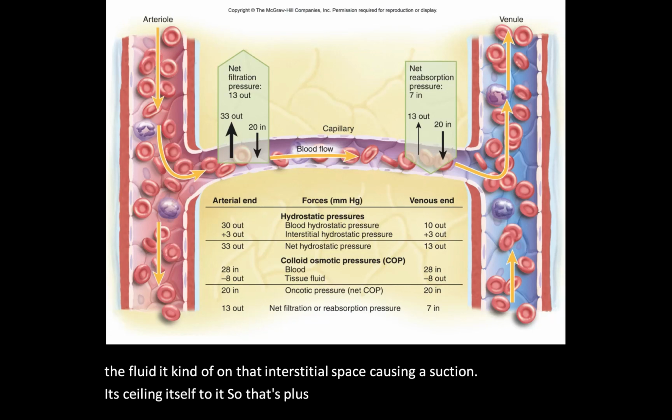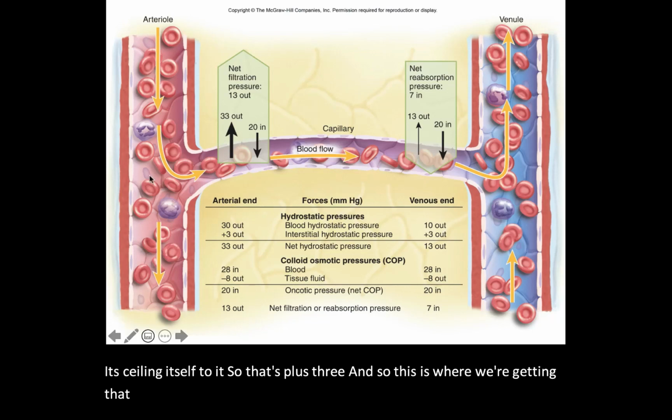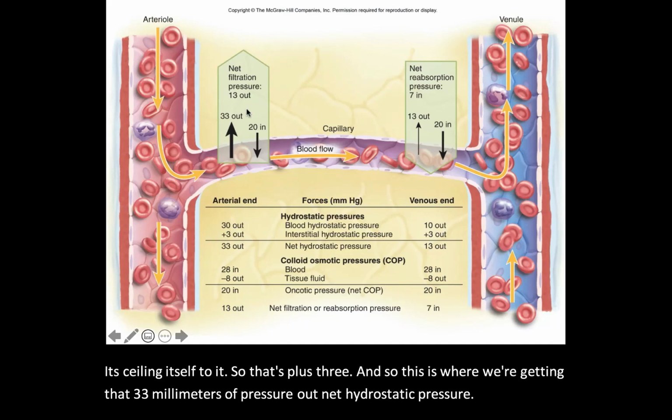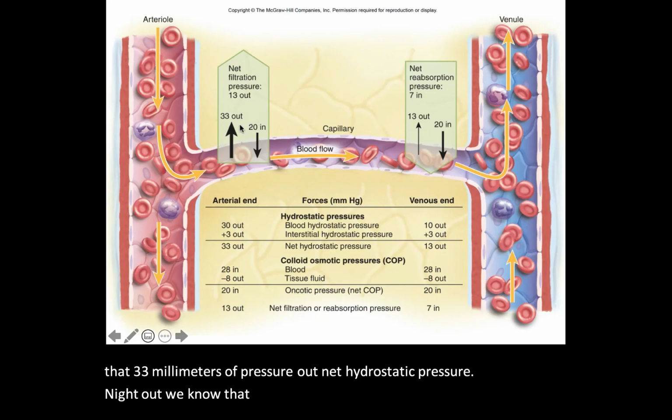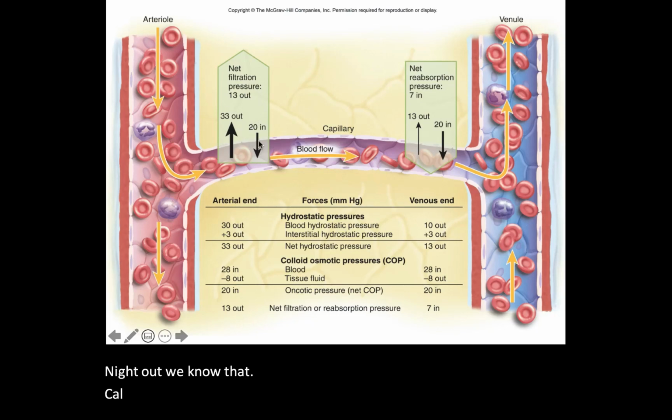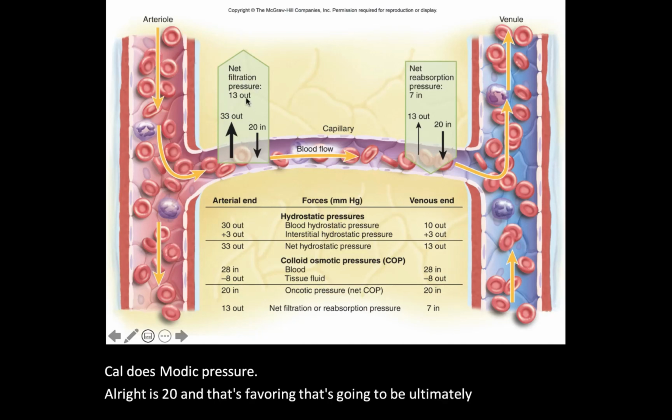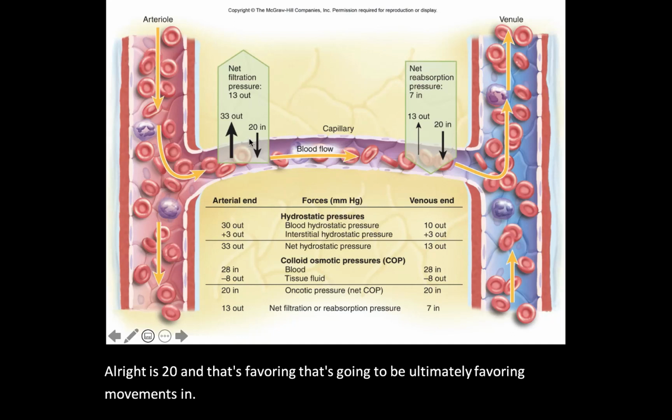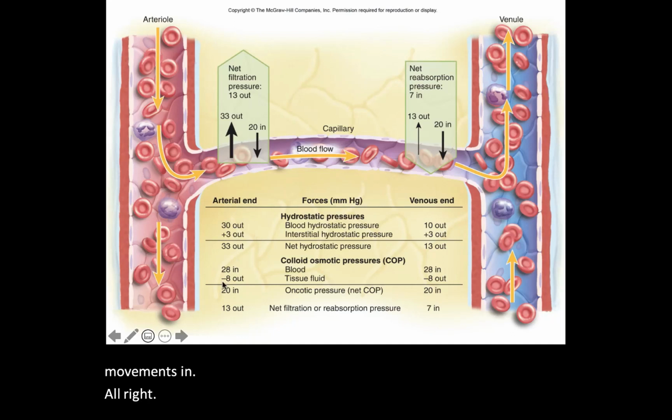And so this is where we're getting that 33 millimeters of pressure out, net hydrostatic pressure out. We know that the colloid osmotic pressure is 20, and that's ultimately favoring movement in. And so the net filtration out, as we've already shown, is 13 millimeters of mercury.